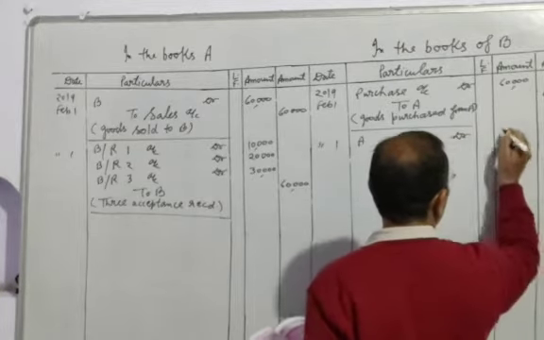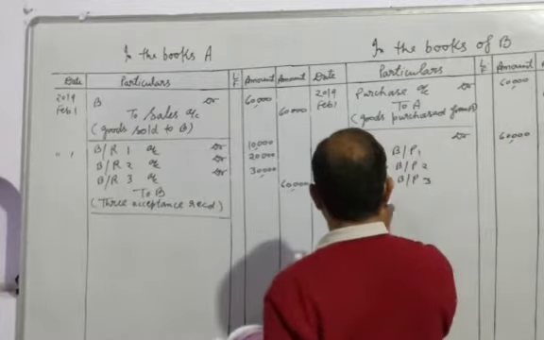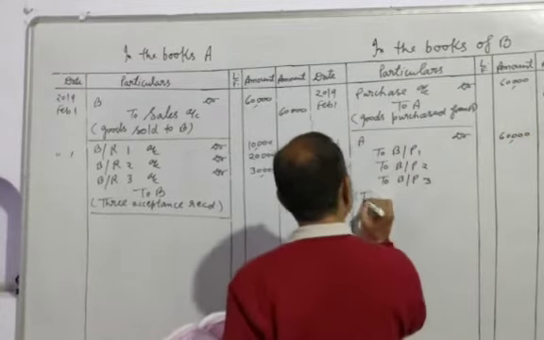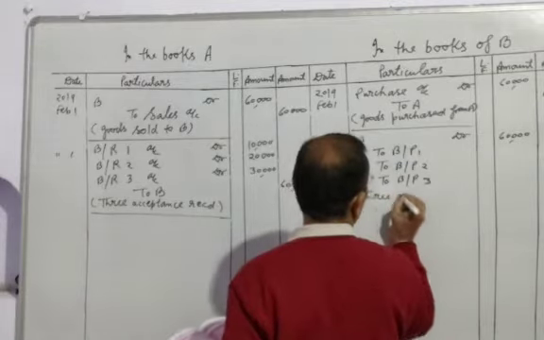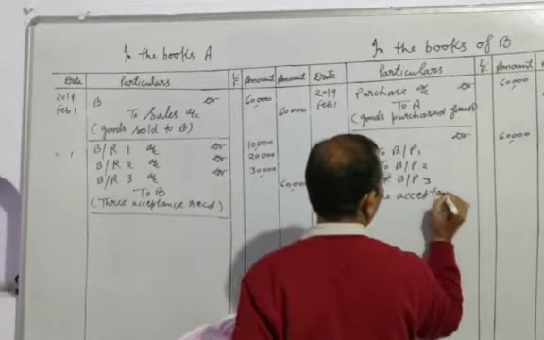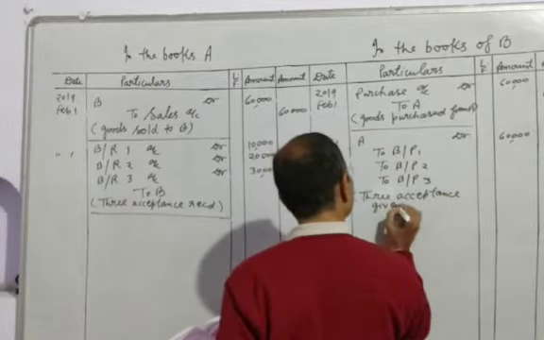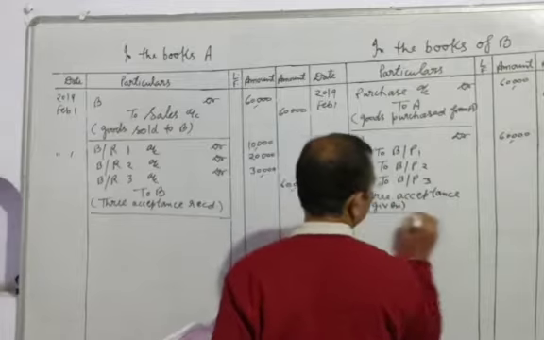The sum of these amounts would be 60,000. Three acceptances given. This will be the narration.